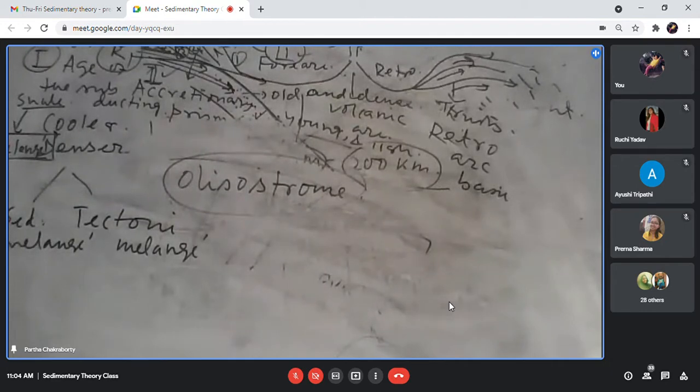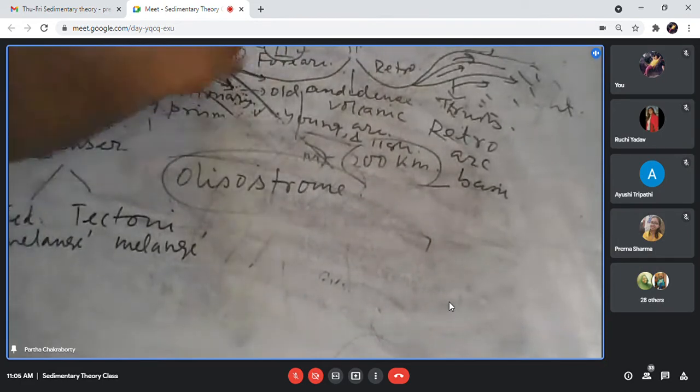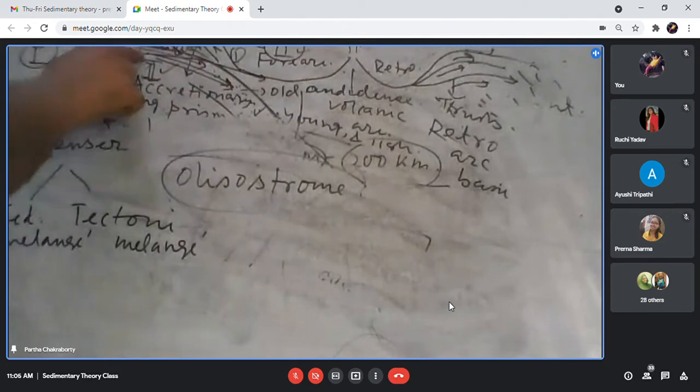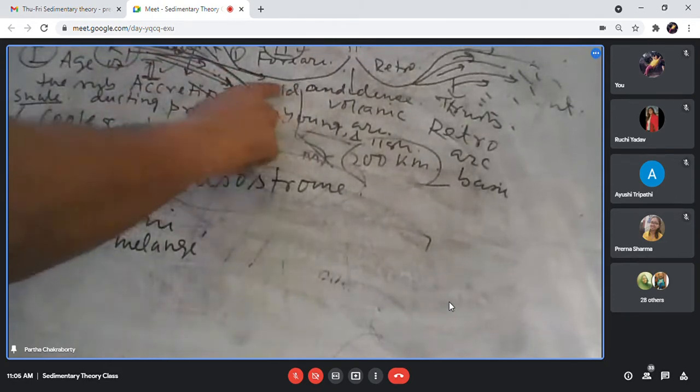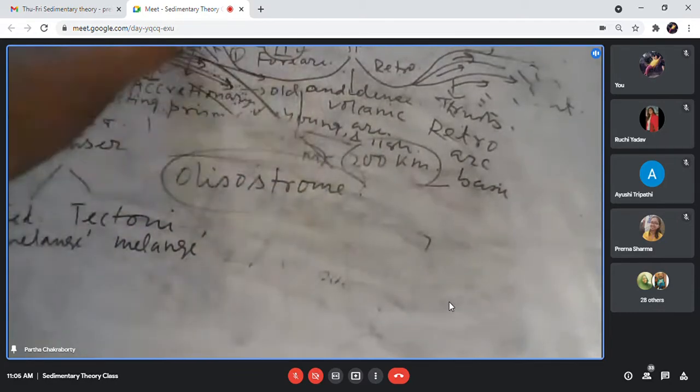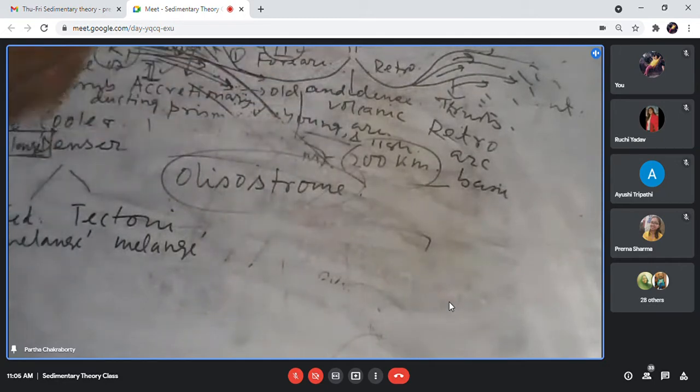That is what the fore arc is. So any thrust that will cause a flexural bend, this flexural bend is actually the fore arc. Now you have thrusted material and there is a subsidence. The subducting slab is going below, and above it is the material that is scraped that has formed the thrust and the flexural bend.